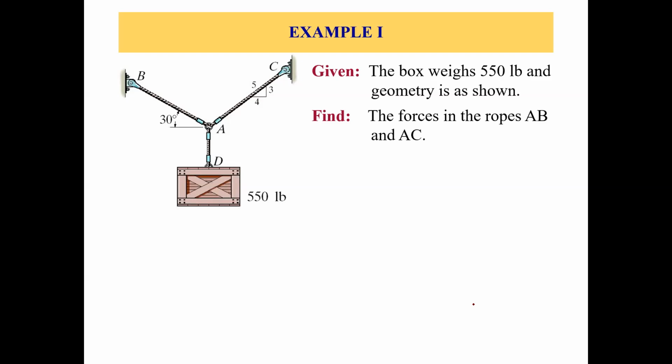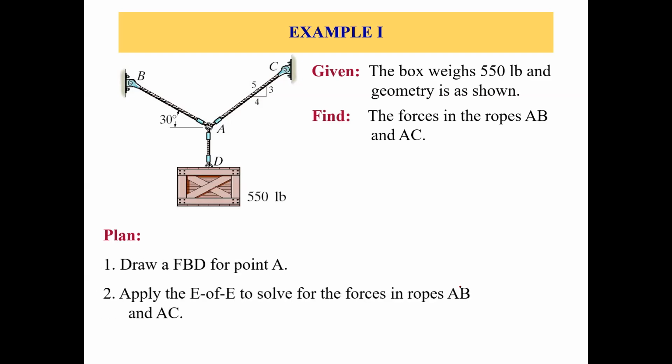Since we only have two unknowns in this system, we can draw a free body diagram at point A and find these two unknowns by applying equations of equilibrium, right? Again, remember, if we have more than two unknowns, then we cannot use equations of equilibrium, right?